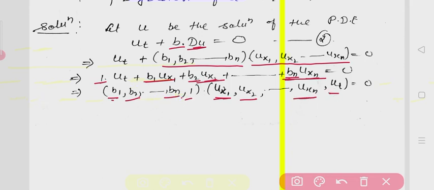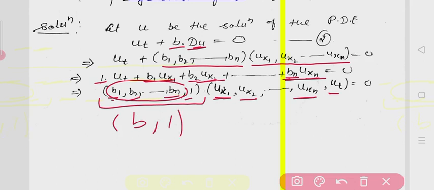So I write down this ut is equal to 0. If I say this b1 to bn is b, that means this is the vector b comma 1, right? And this is ux1 ux2 uxn comma ut.